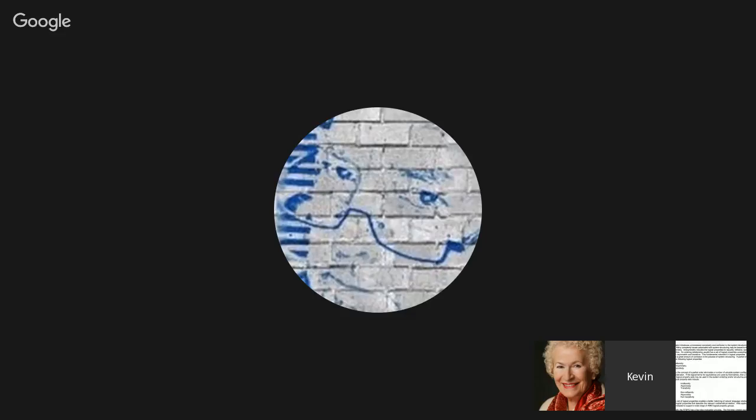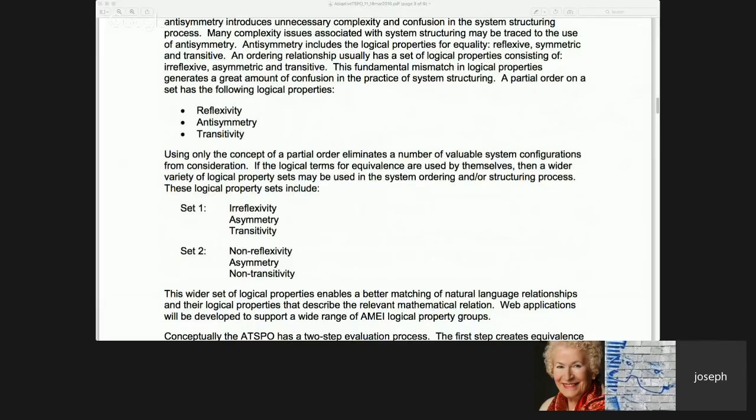No, no. In the antisymmetry has an equivalence relation, which is reflexive, symmetric, and transitive. And then at the core of it, it has an order, which could be reflexive, irreflexive, non-reflexive, asymmetric, and transitive.